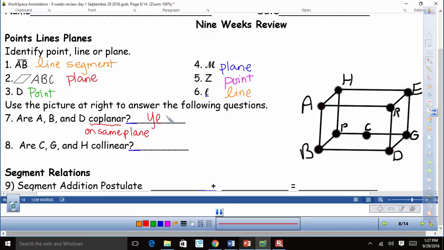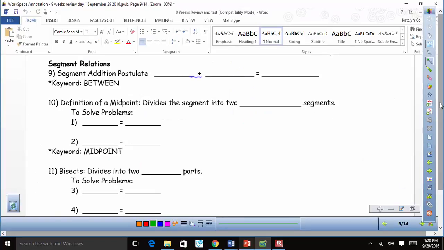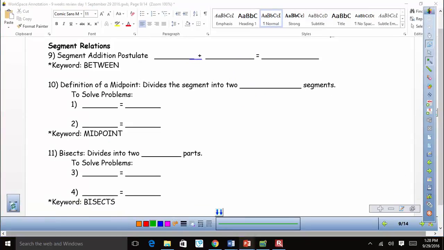So this would be yes. Okay, and now what was the definition of collinear? On the same line. Okay, so we're looking to see if C, G, and H are on the same line? No. Perfect.